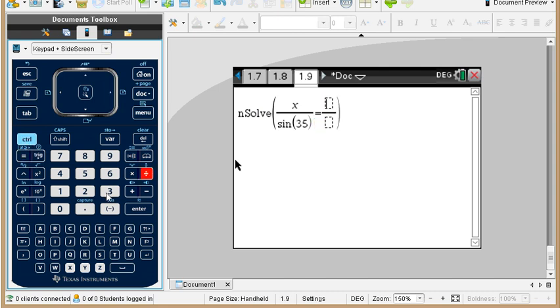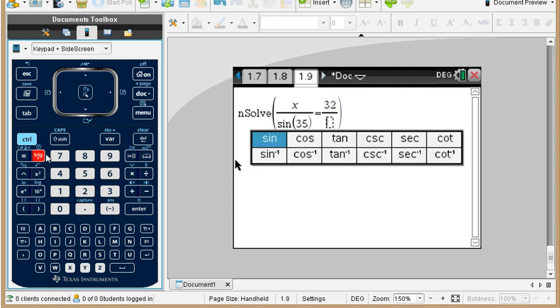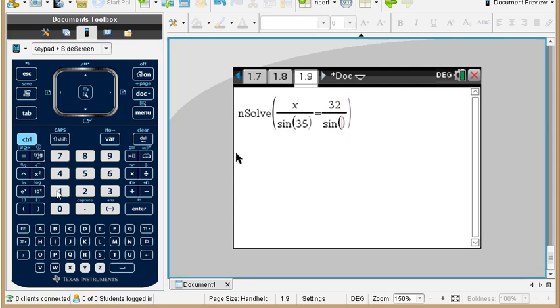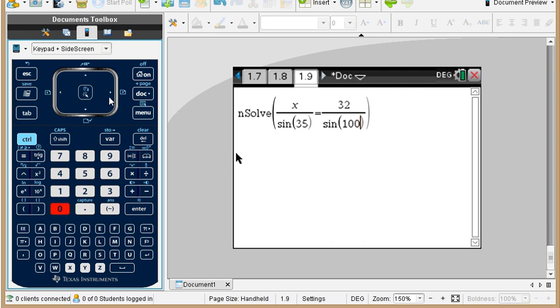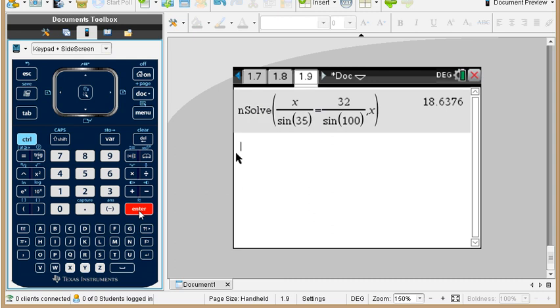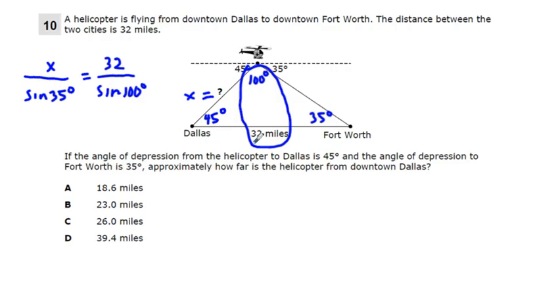And we go to the right here, we put in comma x, since we're solving for x, we get 18.64 roughly. So 18.64 miles. So A is going to be our closest answer, definitely.